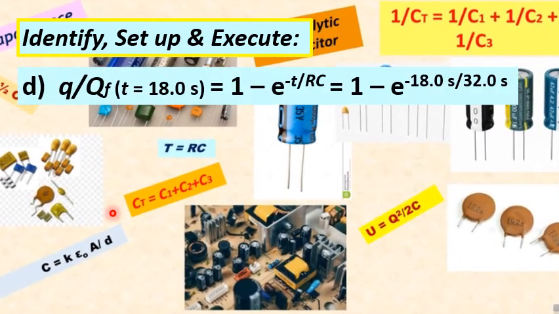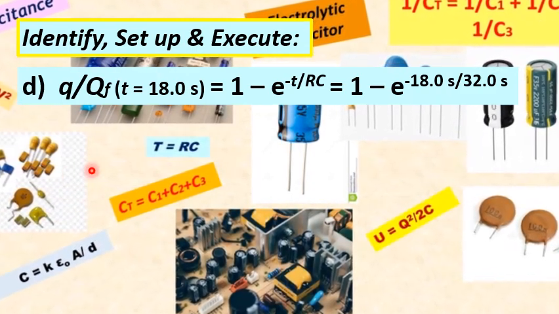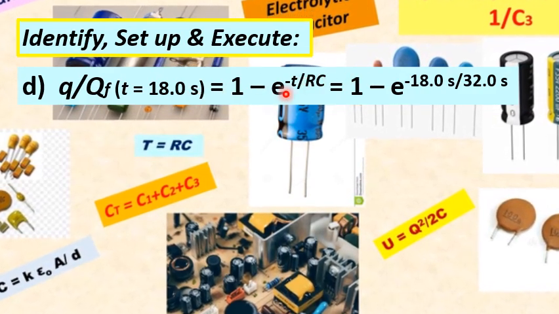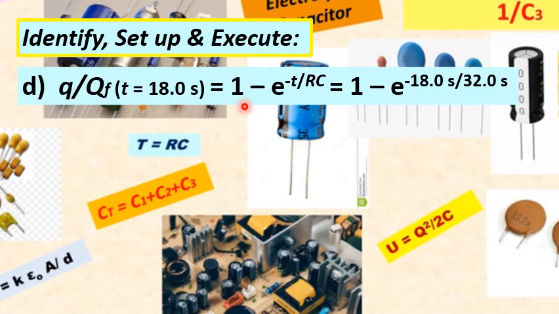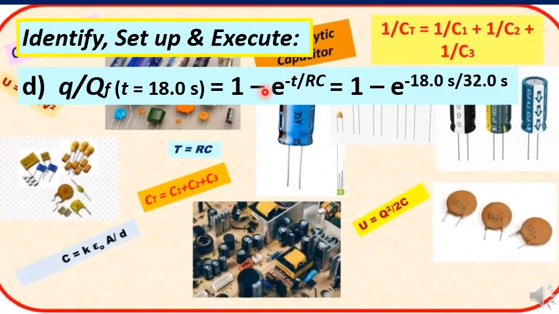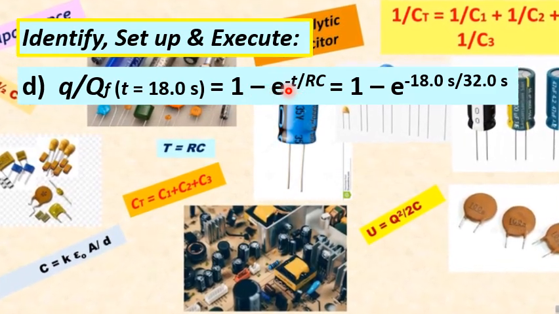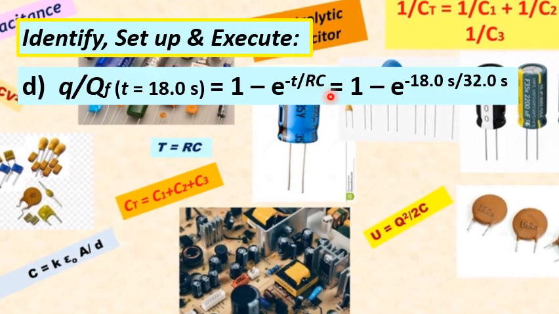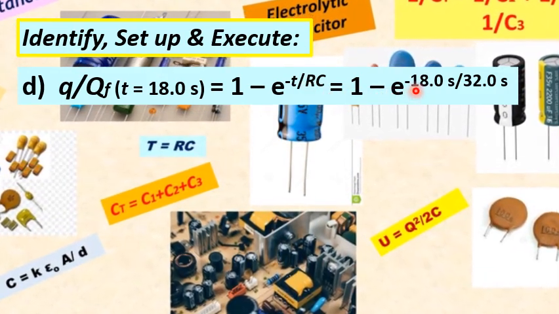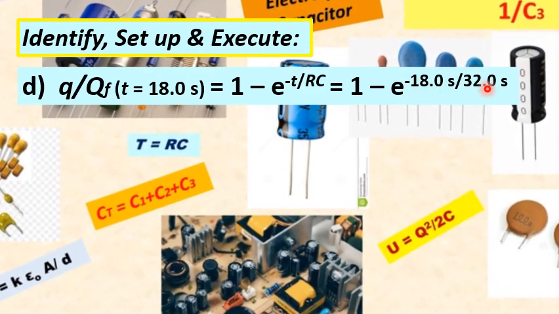To find the fraction of the final charge of the capacitor at time equals 18.0 seconds, we apply the formula for small letter q over big Q equal to 1 minus the Euler's number raised to the power negative t over RC, or that is 1 minus Euler's number raised to negative 18.0 seconds over 32.0 seconds.